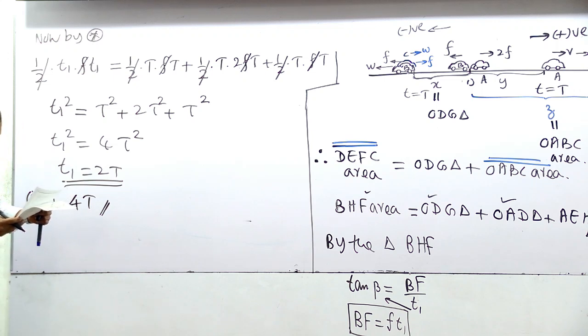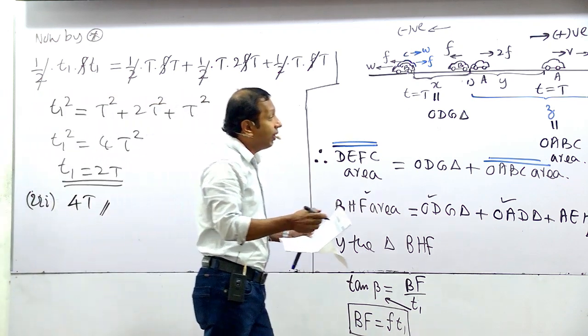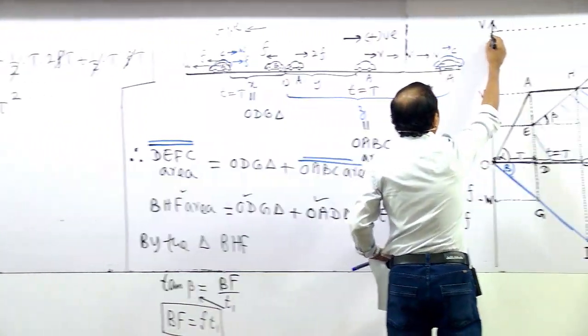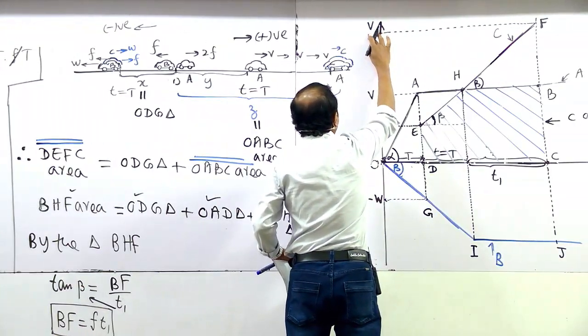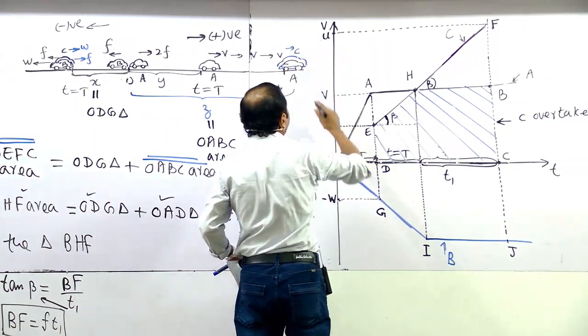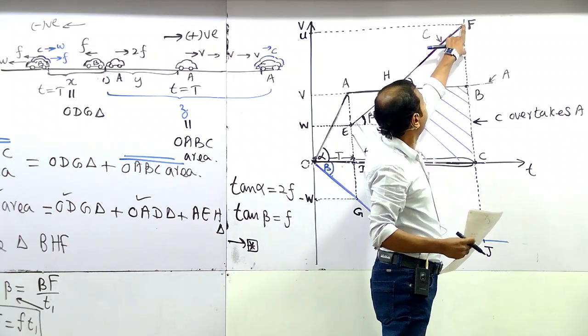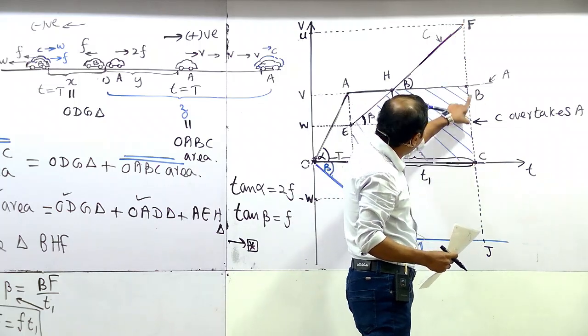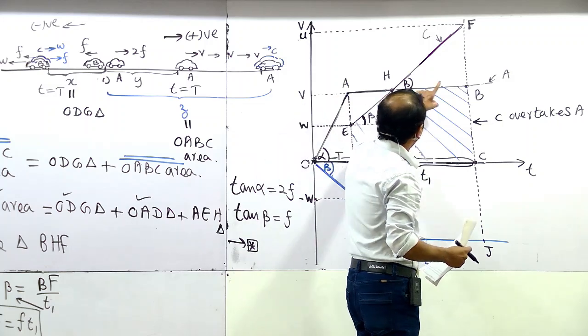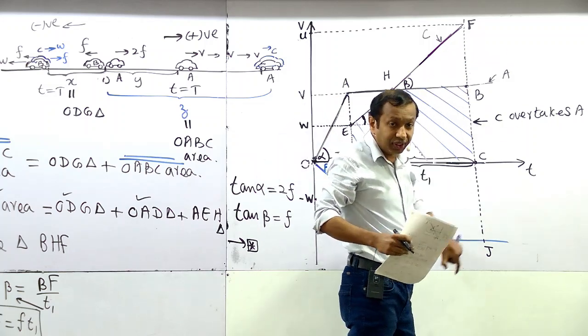Find the velocity of C as it overtakes A. People, the velocity of C is given by this, no? I'll take this as U. How do you take U? The height from here to here. It is CB. CB is V plus BF. Understand? Right?